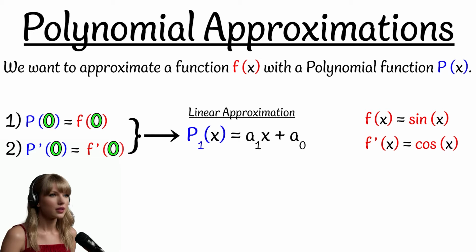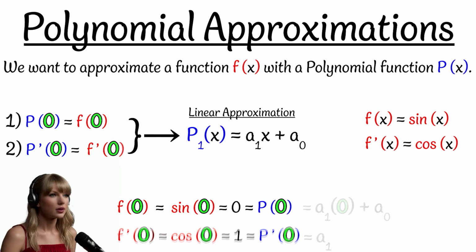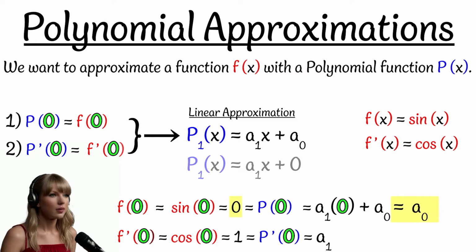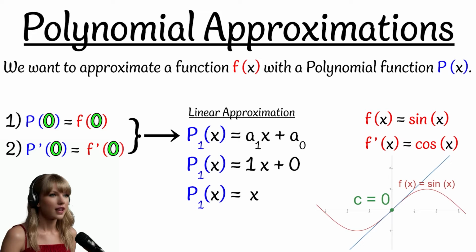The value and slope of the sine function at 0 are 0 and 1 respectively. Now, if we impose those two restrictions, we can conclude that the constant is 0 and the linear coefficient is 1. And will you look at that? A good linear approximation for sine around x equals 0 is the linear parent function y equals x.